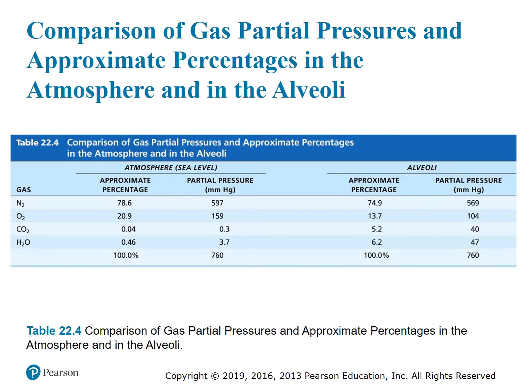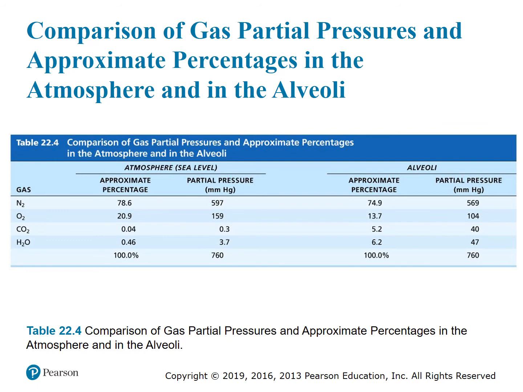Table 22.4 is a comparison of gas partial pressures and approximate percentages in the atmosphere and in the alveoli. Notice here, nitrogen gas partial pressure in the atmosphere at sea level is 597, whereas in the alveoli, it's 569.